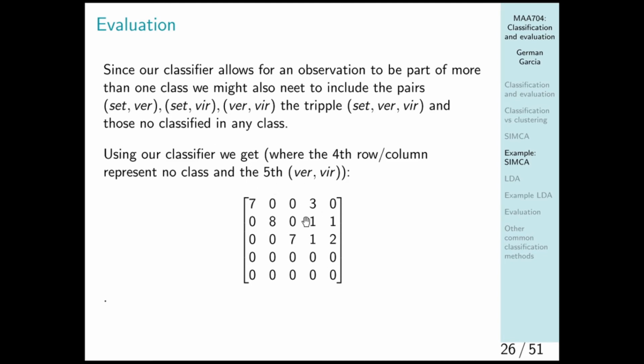Here, there were observations of Setosa that were classified as no class. Here were observations of Ver that were counted as no class, and the same. And if we go to the last column, here we have, for example, one observation of Ver that was classified as no class. So this is how you interpret the confusion matrix.